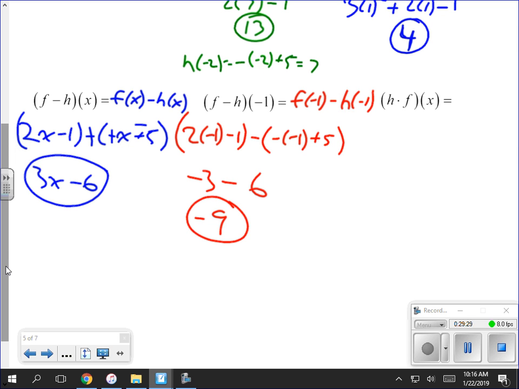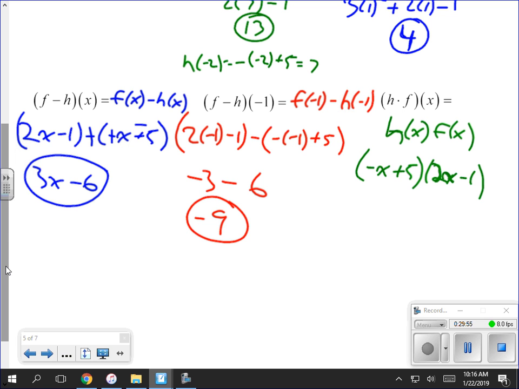And then h times f of x is h of x times f of x, which is (-x plus 5) times (2x minus 1).